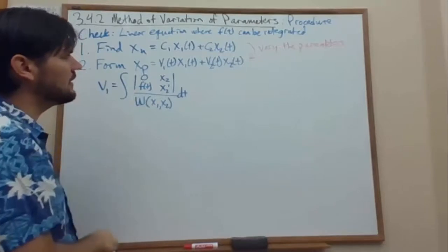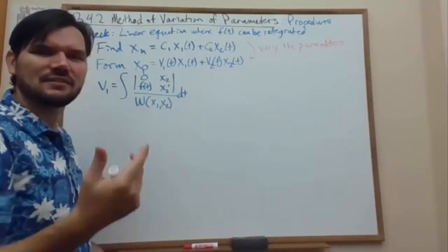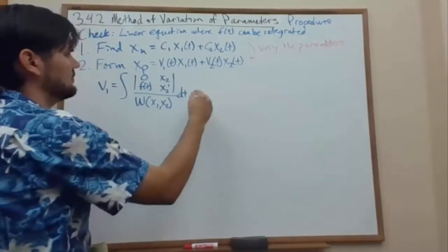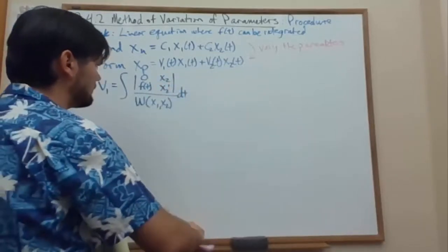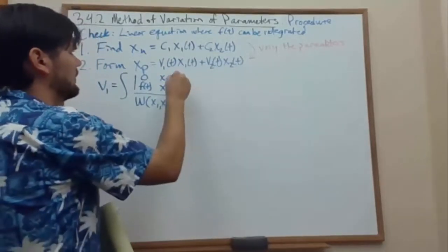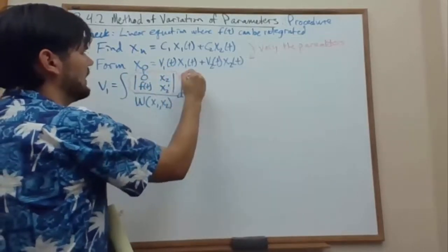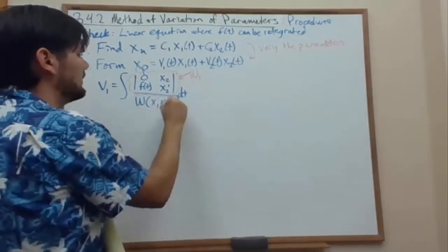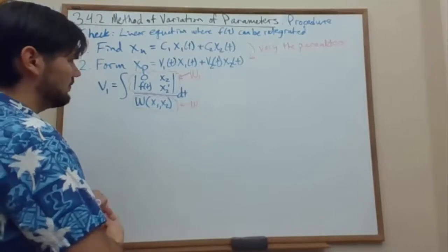So this ratio of determinants is from Cramer's rule. And we refer to this top determinant as W1, and we refer to the Wronskian on the bottom as W.